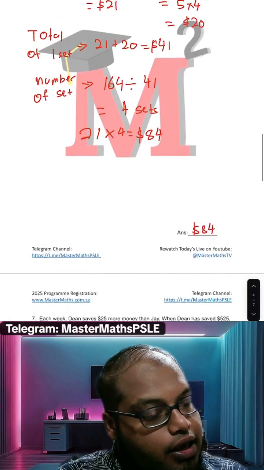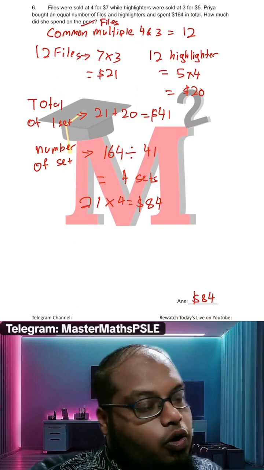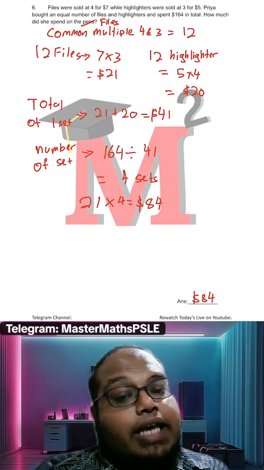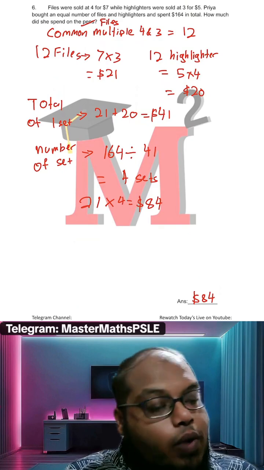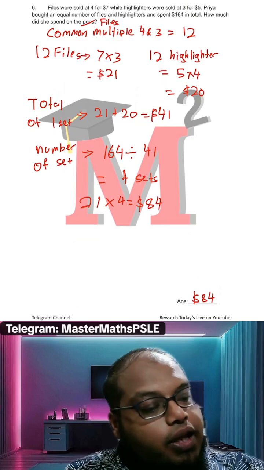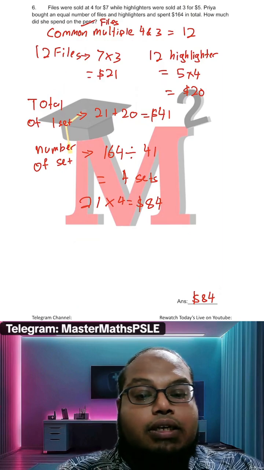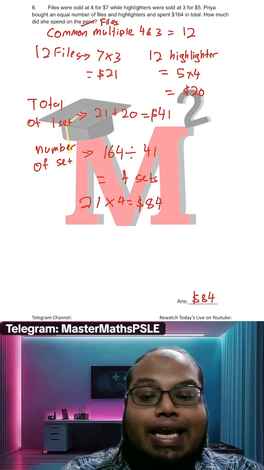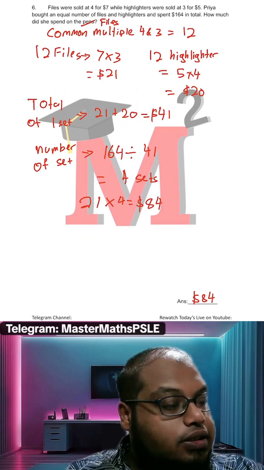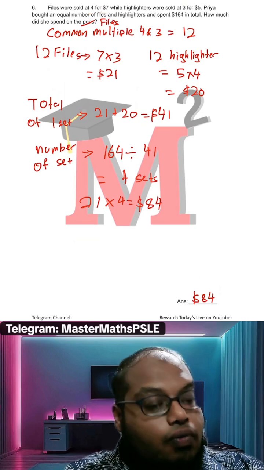Okay, and then this one also, I think quite a number of you were confused. Because they are equal quantity, why not I make them into common multiple. So 4 and 3, the common multiple is 12. So 12 files means 7 times 3 sets, because it is $7 for 4 files.